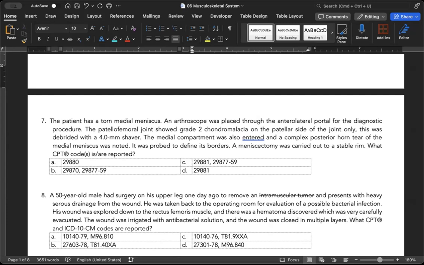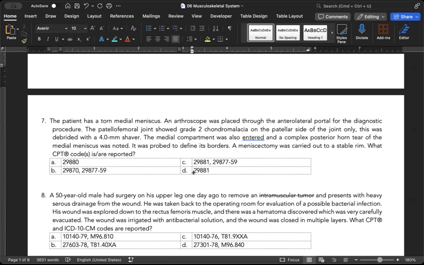So we have 2 different codes that are the same. We have 2 with 29881, and then we have 2 with 29877. When that's the case and you have 2 that are second listed, I always like to go to the first one, whichever one is listed first in my 2 options, because the 29877 sometimes can be included, right?